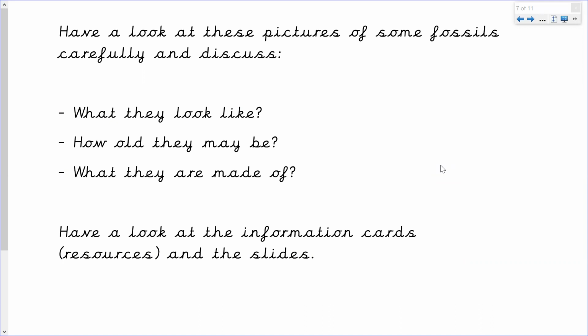It has 4 fossils on it. I've also put these fossils in the next slides for you to have a look at if you do not have the paper at hand. Now, when you look at these fossils, I want you to carefully look at them and discuss what they look like, how old they may be, and what they are made of.